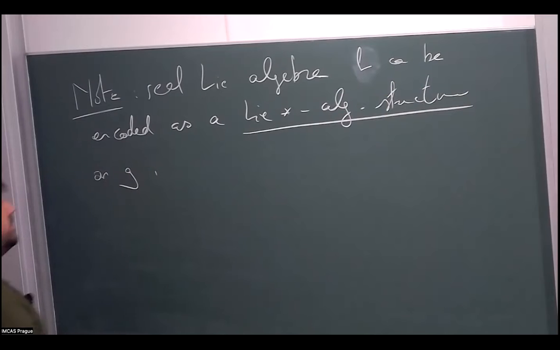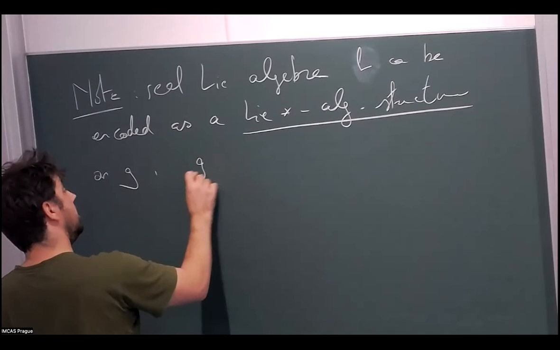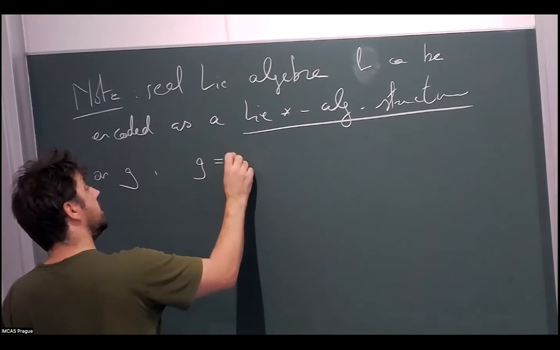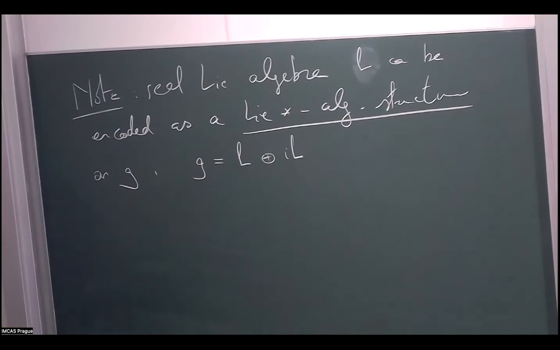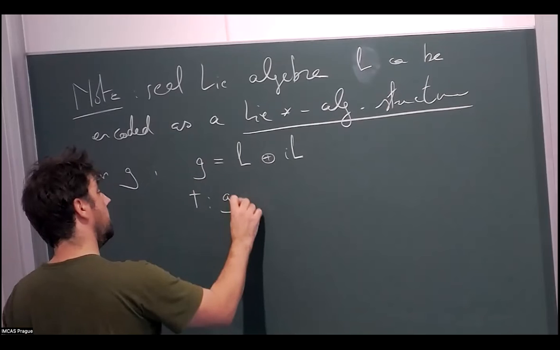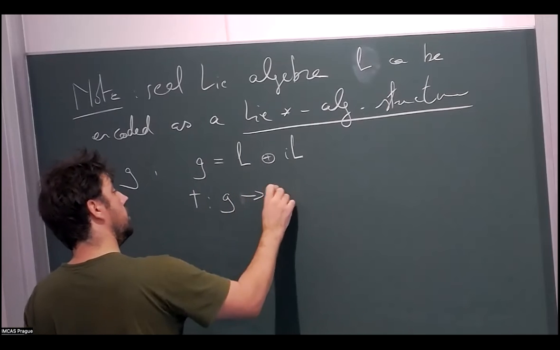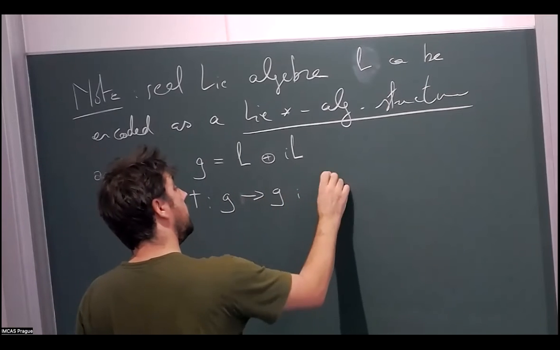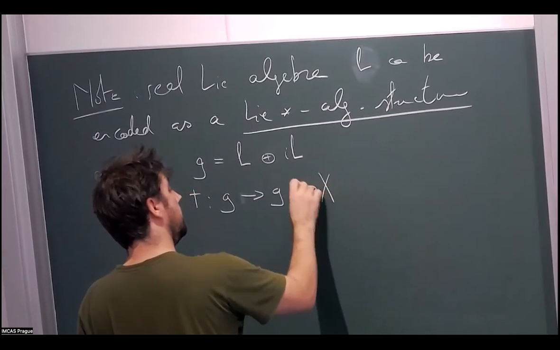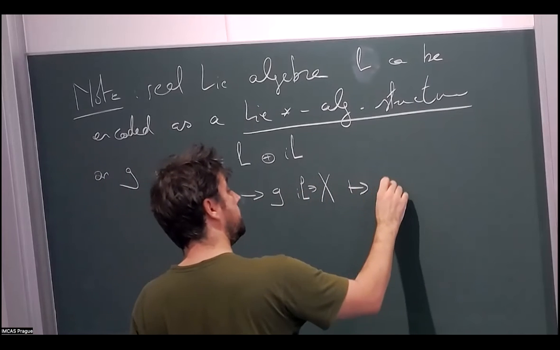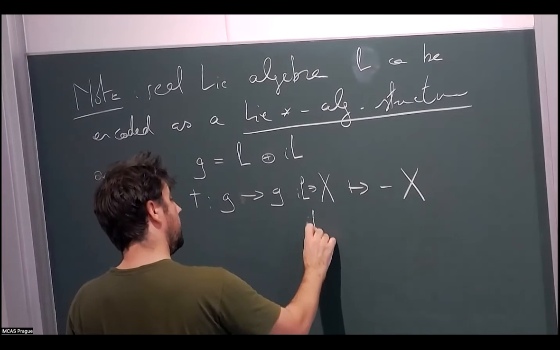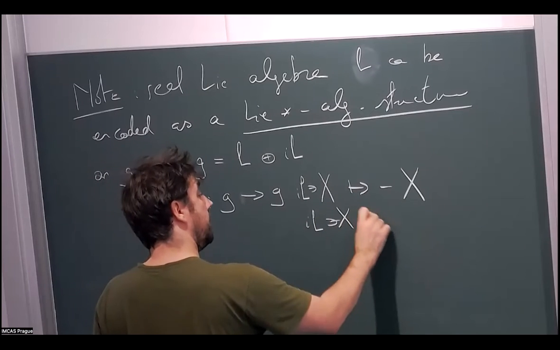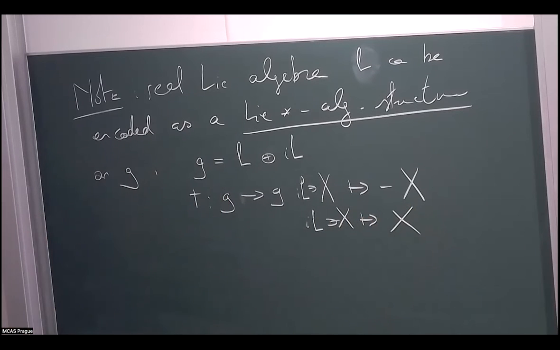So the point is that G is given as L plus IL. And so I will construct a star structure on G, which will take an element X in L and send it to minus X, and an element in IL I will send to itself.